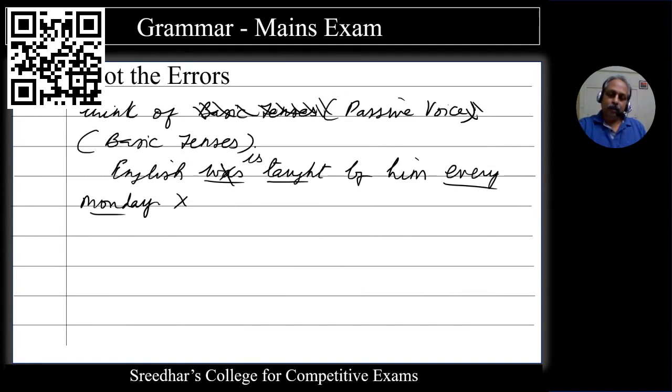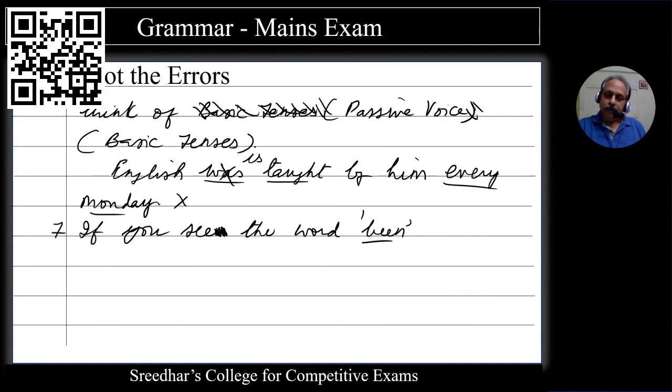And the next one, what is the number? Seventh one. If you see the word been, what is been? Past participle form of the helping verb to be.